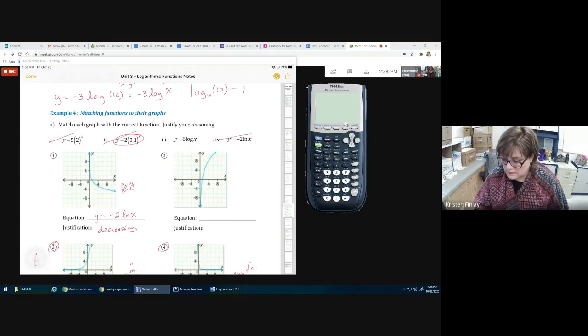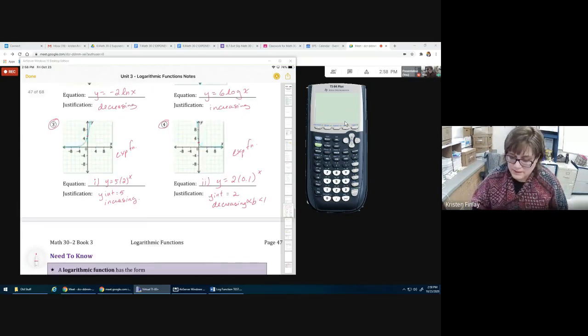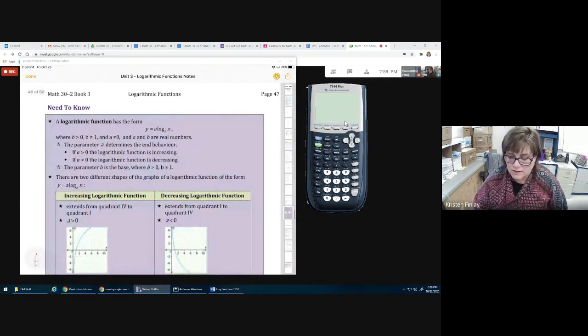This one, so that takes out this one, would be y is equal to 6 log x. It's increasing, and it's a log function. Neither of them have y-intercepts, so they can't be those. So a little bit of an examination of graphing of logarithmic functions.